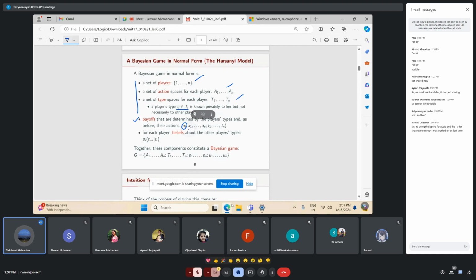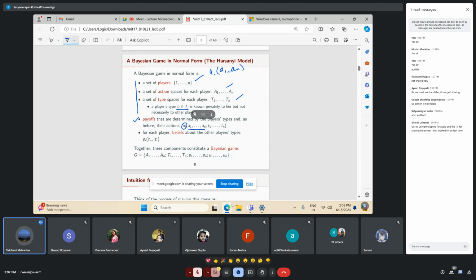Now, depending upon not only the actions, earlier in our normal form game, we had stated that Ui's are functions of a1 up to an, correct? But now it is not. It is in the case of incomplete information.